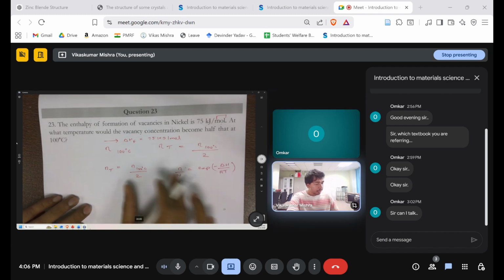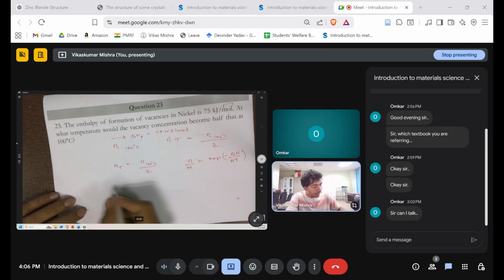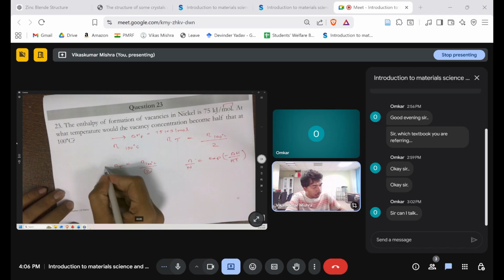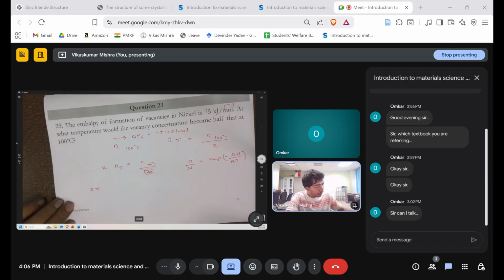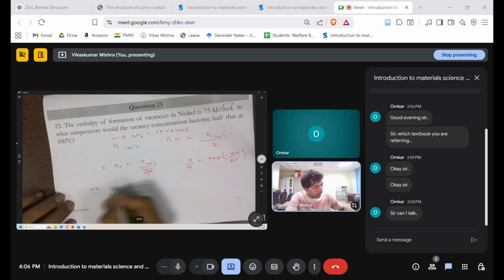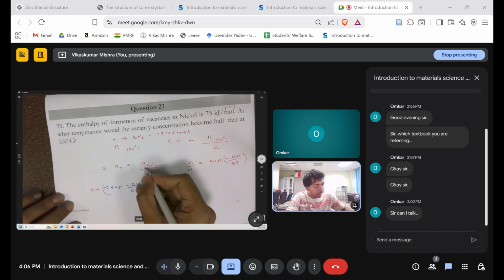So we can substitute this over here. I don't know the temperature, but here we can write, let's flip this 2 onto this side: 2 times n at T. It is given as capital N times exponential of minus delta HF divided by RT, which should be equal to N times the concentration at 100 degrees Celsius.